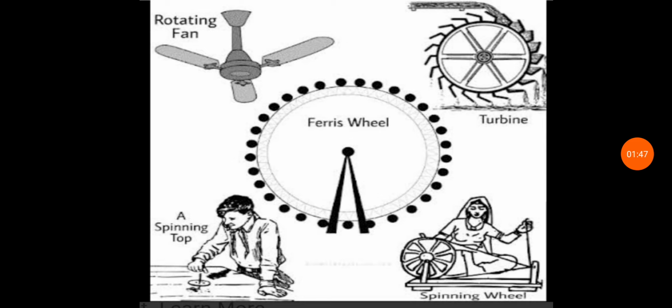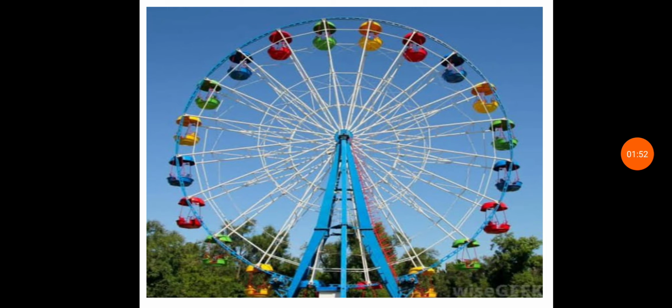These all show uniform circular motion because they are moving in a circular path. In this figure, you also see the amusement ride called the Ferris wheel. Its motion is also uniform circular motion.